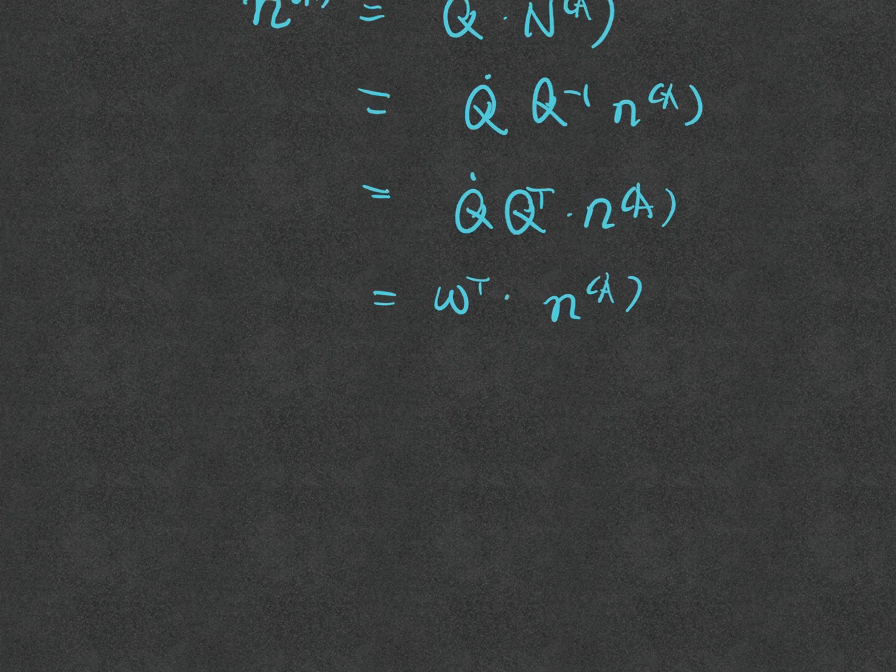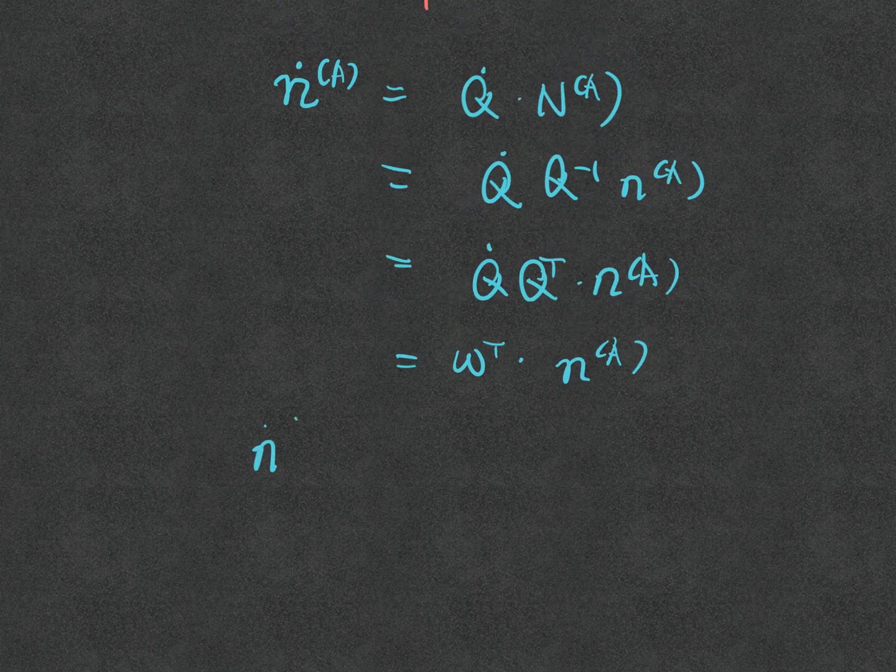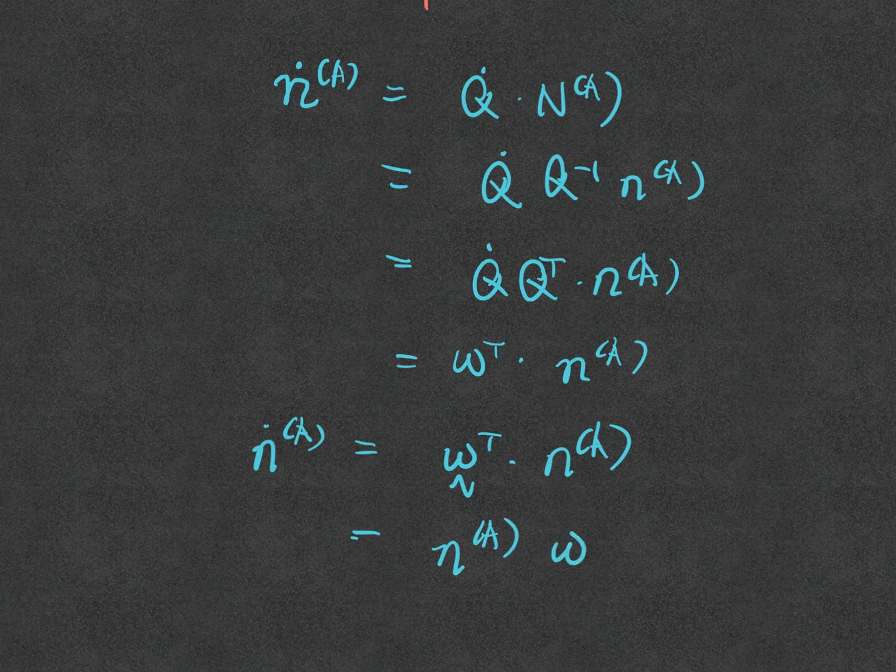So this is the important thing: N dot A, the change of the normal vector, for the Cauchy stress space for example, is equal to the spin tensor times Na. Or what is the other way to write it? Yeah, I can also put Na W, but what would be the difference?